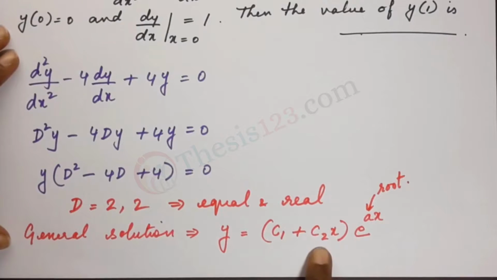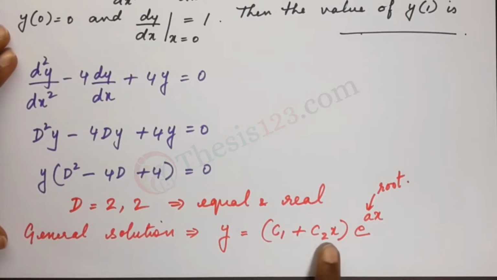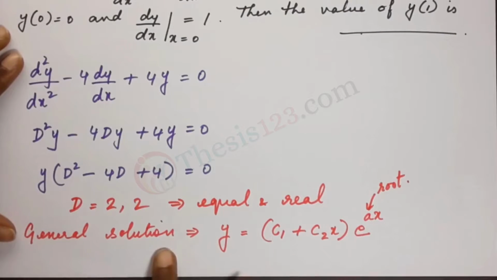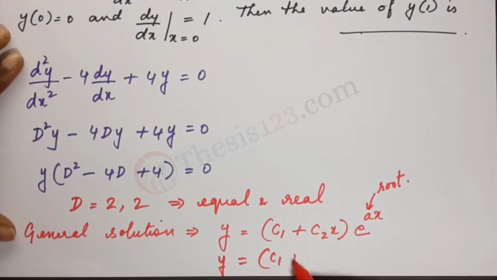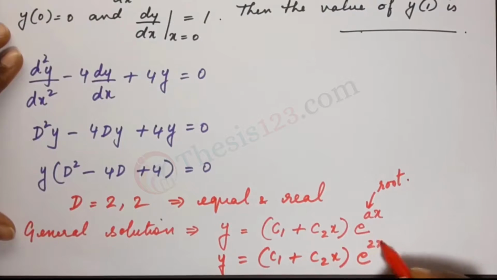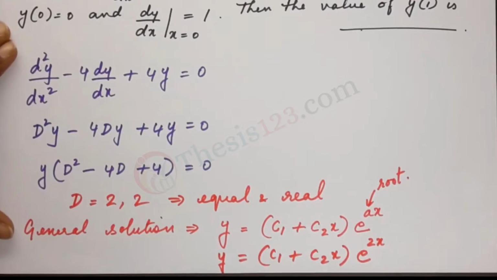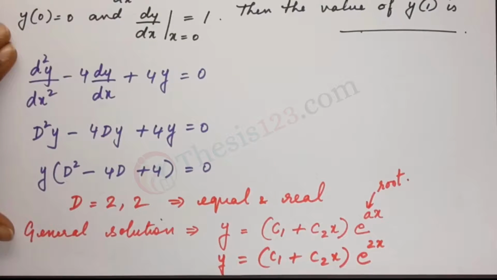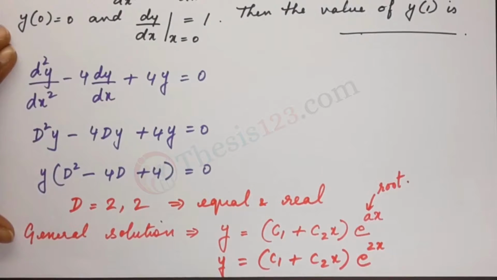So c1 and c2 are values that we still need to find. Now c1 and c2 will remain as constants in the general solution. So we have here y is equal to c1 plus c2x into e power 2x. Okay, so this is our general solution.